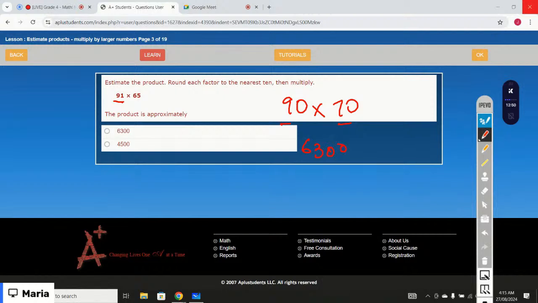So 6300. Option number 1 is the correct option, right? The correct option is 6300. Option number 1 is the correct option.